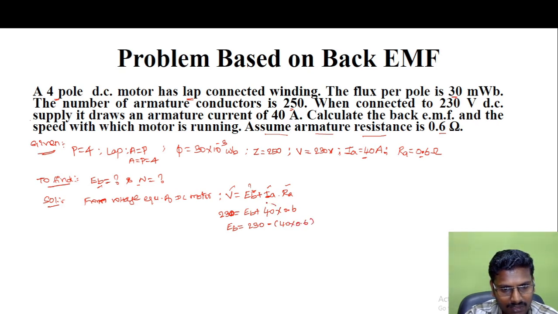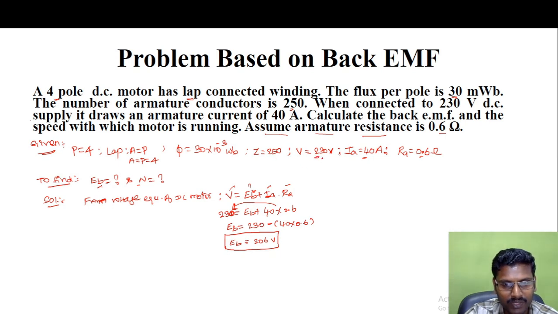I am bringing this term to this side, right side term to left side, so this minus sign here. So when I manipulate this, I will get Eb is equal to 206 volt.